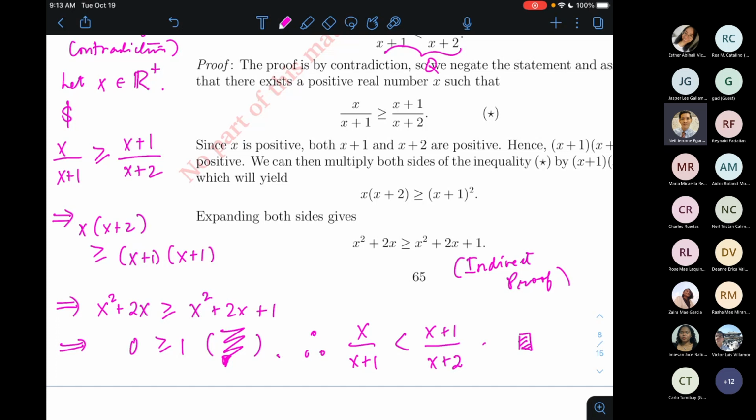Kasi hindi natin ina-attempt na ipakita na totoo yung conclusion ng theorem or ng statement na gusto natin i-prove. Ang pinuprove natin ay yung impossibility na maging false siya. At covered naman tayo kasi sa math walang gray area. A statement is always true or false. Okay? But not both and not neither. Right? Is this example making sense?